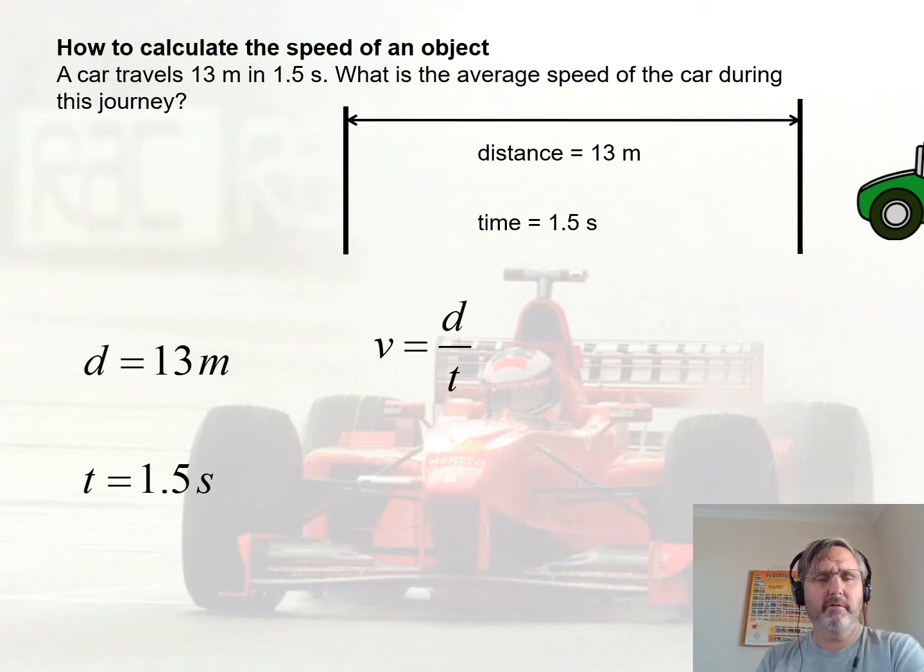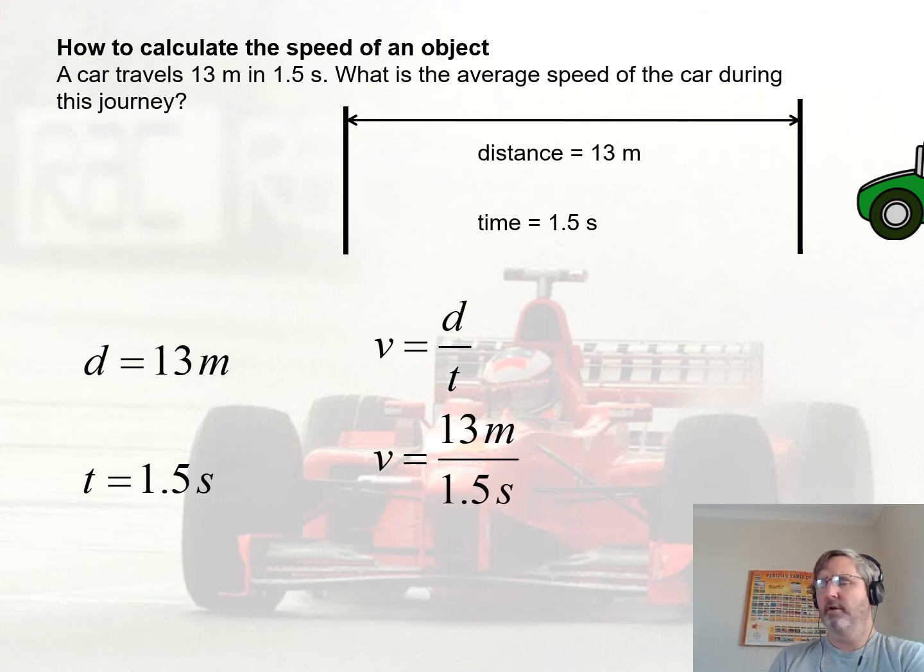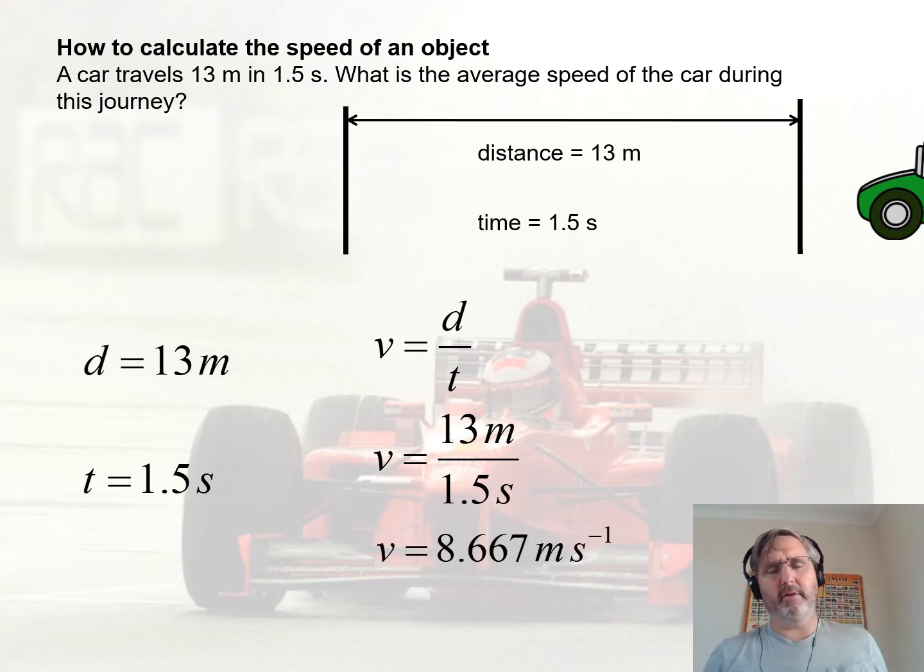So we replace d with 13 and t with 1.5, and we end up with this equation. Now we've got a fraction, with a numerator and a denominator. So we divide our numerator, 13, by our denominator, 1.5, and we get our answer. Here we go, 8.667.